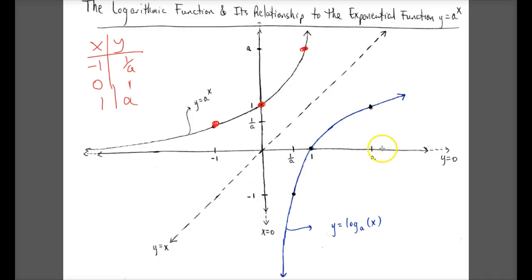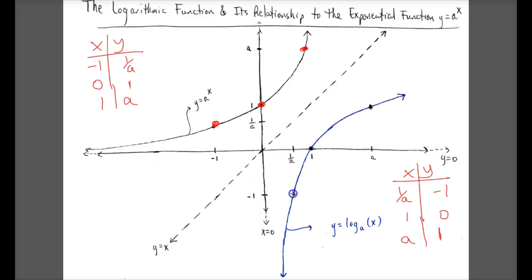Okay. For the logarithm function, because the exponential function is a one-to-one function, we can interchange the x and y values, meaning that we can flip these. So if I flipped the x and y values, then what I would have instead here is 1 over a, -1, 1, 0, and then a, 1.